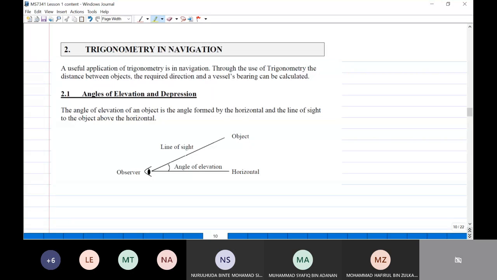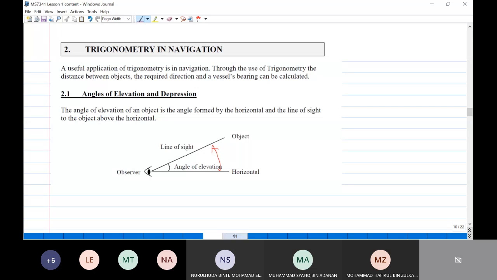This angle is called the angle of elevation. It is used very often because you usually have to look up to find, let's say, the tower, the mountain, all these things.